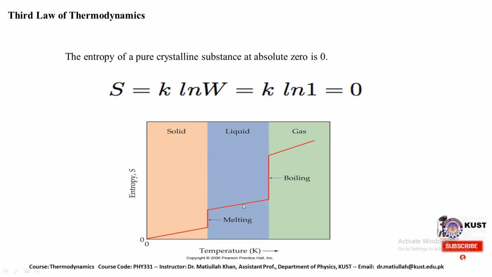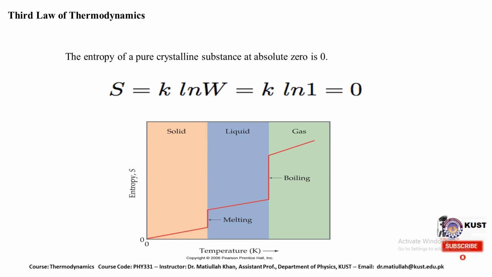There is a gradual increase in the entropy, but a point occurs where the liquid starts boiling. At boiling there is a huge increase in the entropy of the system, because the liquid is converted into gas. Finally we get the higher entropy of the gases.